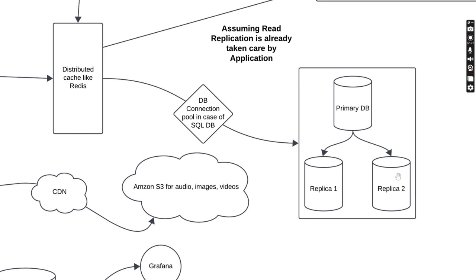Or in case your primary DB goes down and we are not able to make a connection to the primary database, one of the secondaries can act as the primary. So this is essentially a fail-safe mechanism to make sure your application is running smoothly in case of some failover.